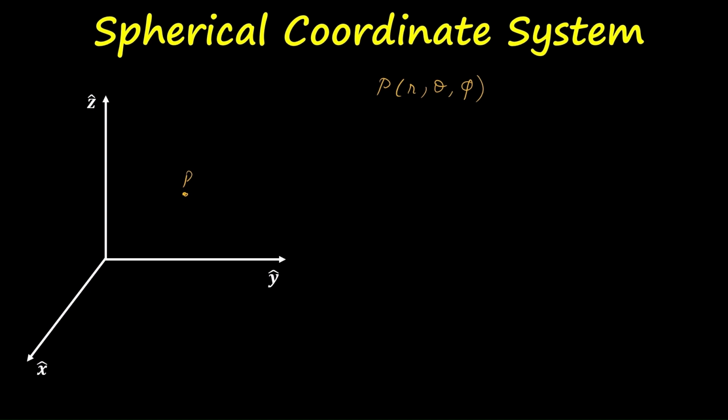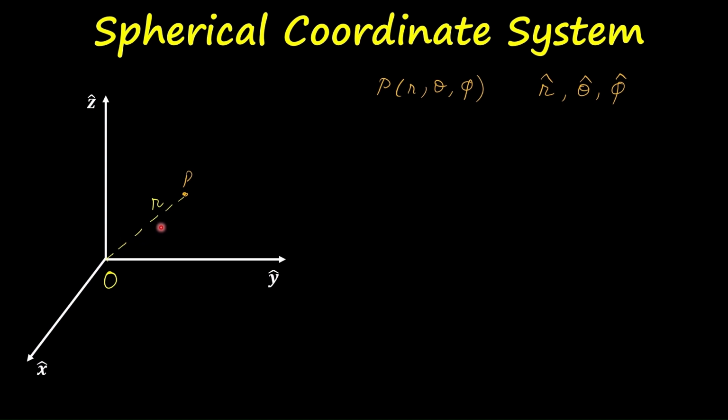The answer is yes, we have three different directions, and they are denoted by r cap, theta cap and phi cap. Now let us try to visualize these three unit vector directions. So I'm calling this origin O. So from O, we will join this point P. The distance is R.